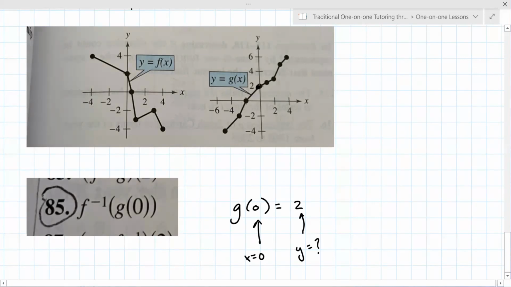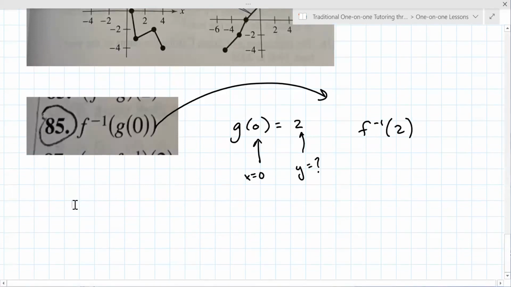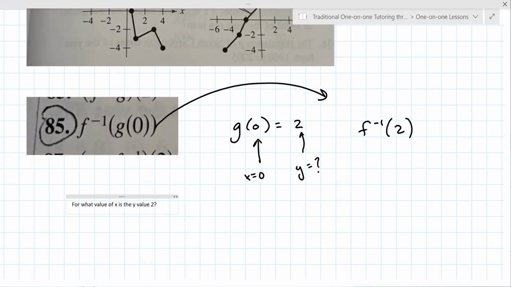Okay, so it's basically just like putting a number into a function. So this thing on the left here becomes F inverse of 2 because we found the inside part of it already. Is that okay? Yes, we're just substituting that. That's perfect. So the inverse asks this question: for what value of X is the Y value 2 in this case?